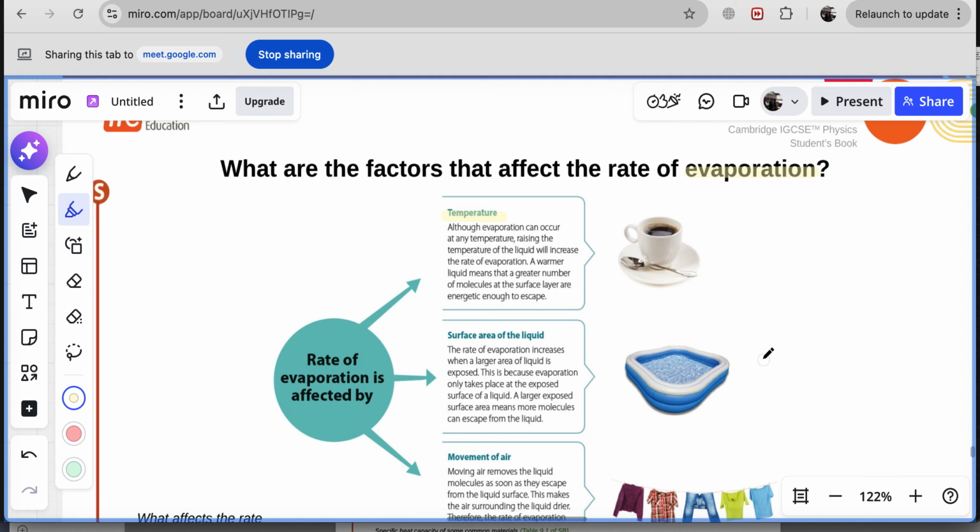If you put water in a small narrow cup, it will take a long time for evaporation to occur. That same quantity of water, put it on a wide, spread out plate and put it outside for the sun to heat, evaporation will happen very quickly. So surface area is the second most important factor for evaporation.